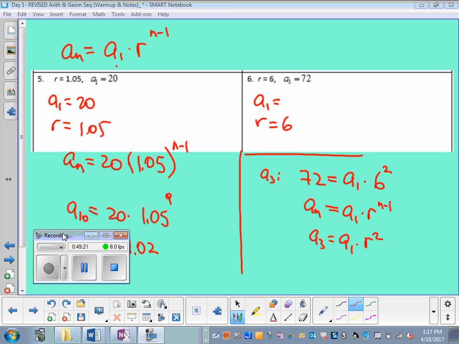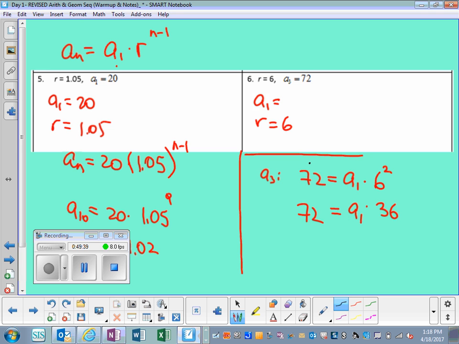So now I can solve this equation for A1. 6 squared is just 36. So 72 is my A3, this is my A1, and this is R to the power 3 minus 1.